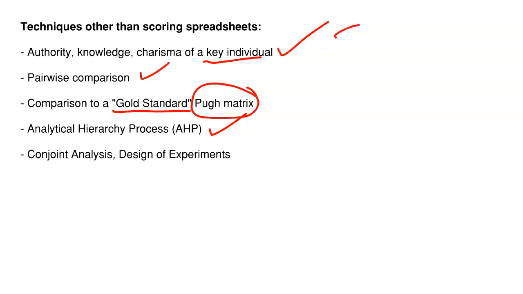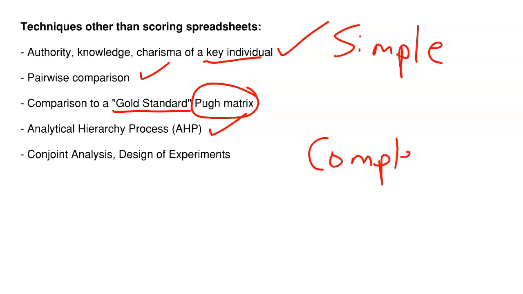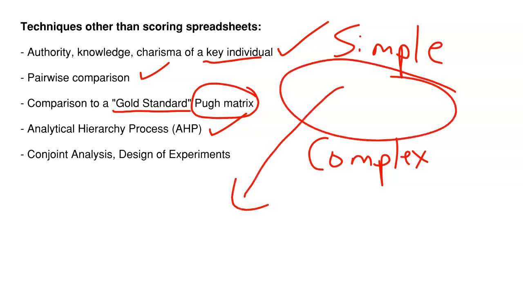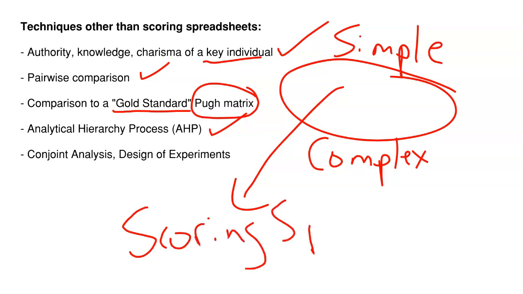At the top end, we are looking at very simple techniques. At the bottom end, we are looking at very complex techniques for doing decision making based on multiple alternatives. Right in the middle, sort of the sweet spot, it's our traditional scoring spreadsheet. And my preferred scoring spreadsheet when it comes to possible solutions is something called an IFAT matrix.